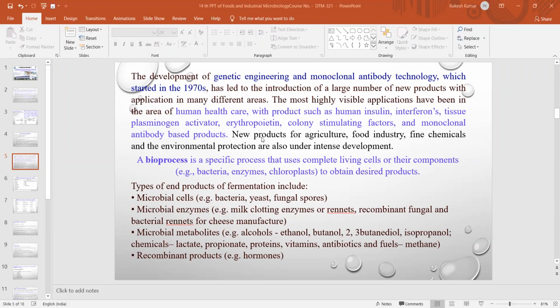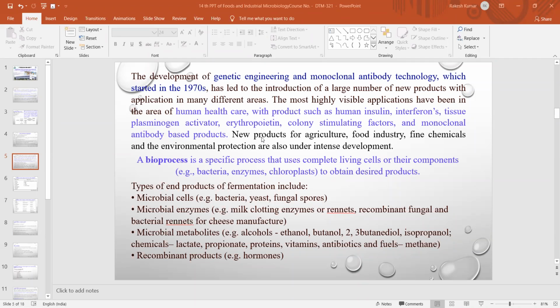There are a number of different microbial metabolites like alcohol, ethanol, butanol, 2,3-butanediol, isopropanol. These are the different microbial metabolites which you can produce by this bioprocessing method. Then some chemicals like lactate, propionate, then proteins, vitamins, antibiotics, and fuels can also be produced by different bioprocess methods.